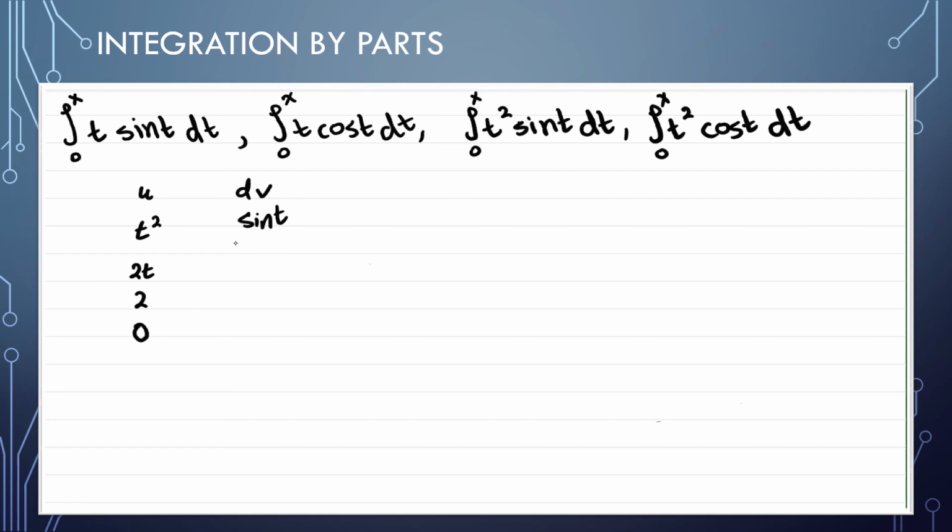Sine t, we integrate it. It will give us minus cosine t, and then minus cosine will give us minus sine t, and then sine t will give us cosine t, and then finally cosine t will give us sine t.